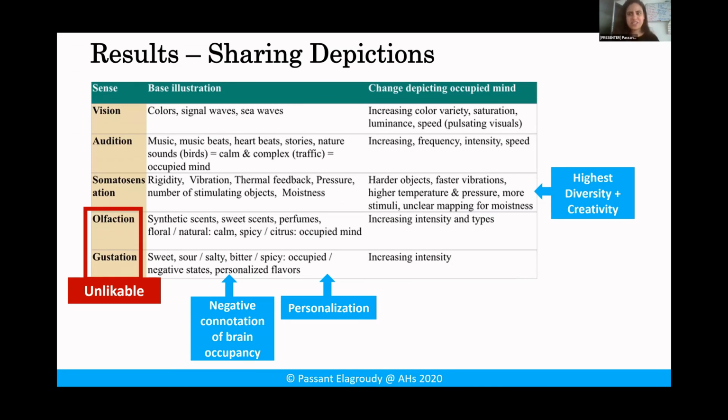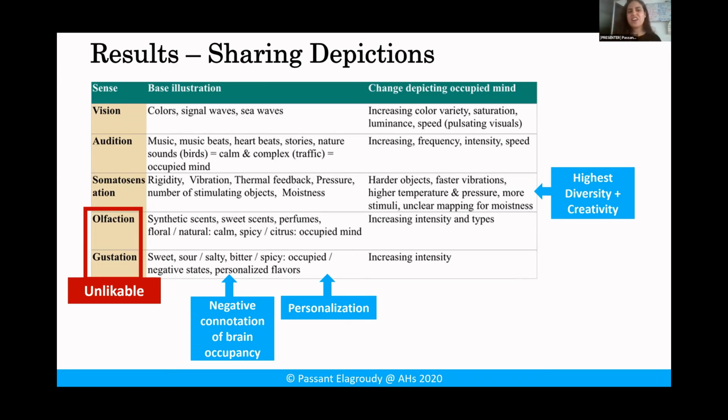Regarding the sharing depictions, I invite you to look at it in the paper. So these are some very solid suggestions across the senses. But what we found interesting is that most of the suggestions came for somatosensation, which is basically haptic feedback. And people were very creative about what would be the illustration and how to depict the changes.